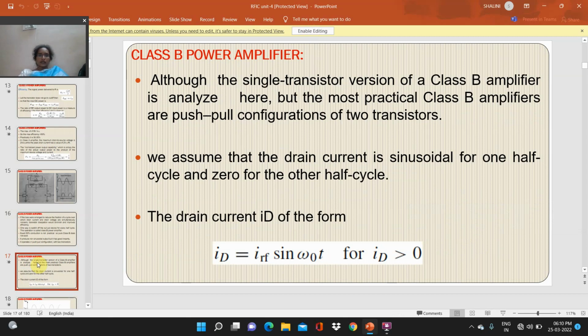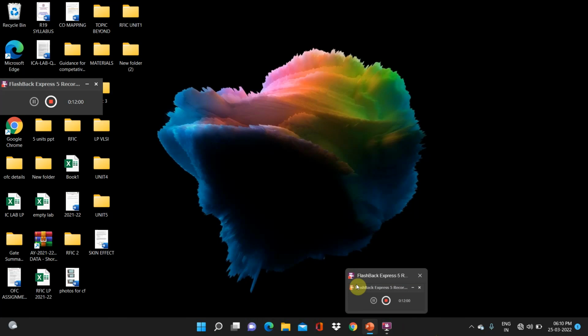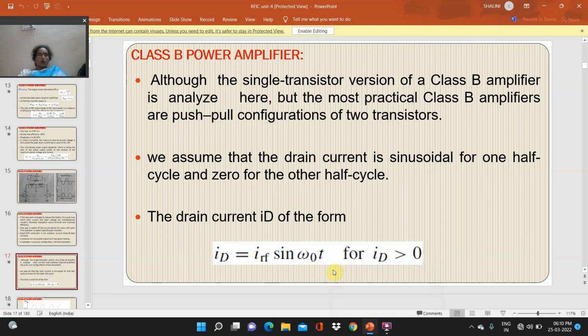Although the single transistor version of a Class B amplifier is analyzed here, the most practical Class B amplifiers are push-pull configurations of two transistors. We assume that the drain current is sinusoidal for one half cycle and zero for the other half cycle.